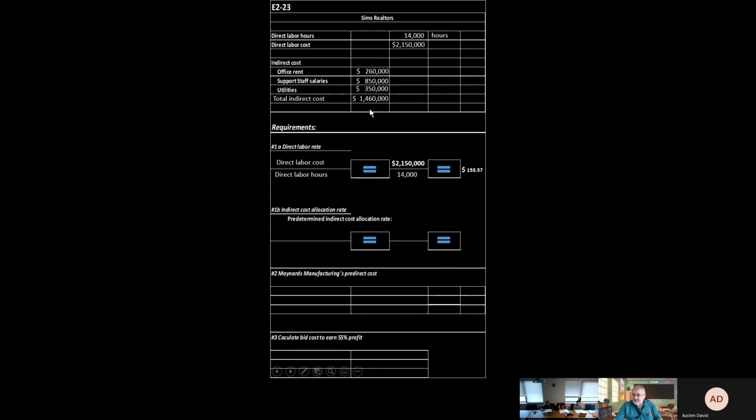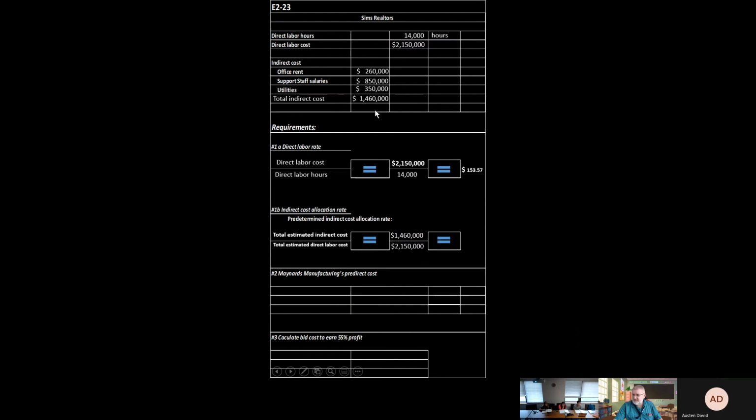So we're going to divide the indirect cost by the direct labor cost. So it's our estimated indirect cost divided by our estimated direct labor.